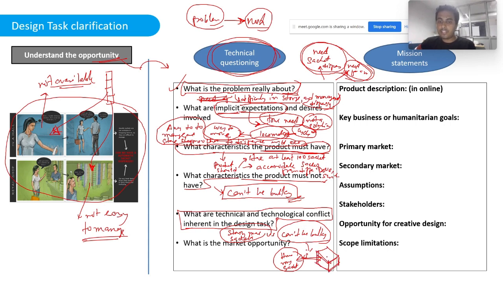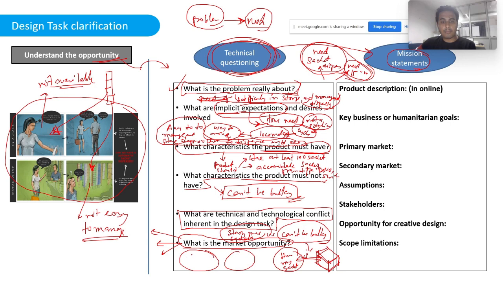Okay, so that's the reason why this technical questioning is very important to arrive at your specifications, as a mission statement. Another question can be market opportunity. So in the market, you need to ask, are there similar products, and if there exist, can we have some different value propositions, or if there is no product, what sort of market segment can we capture.